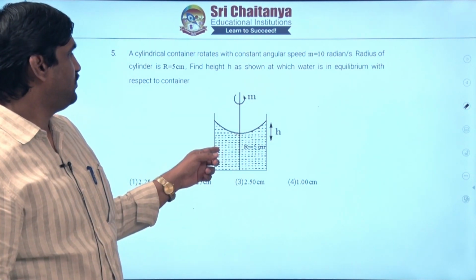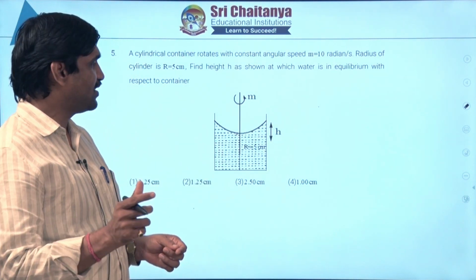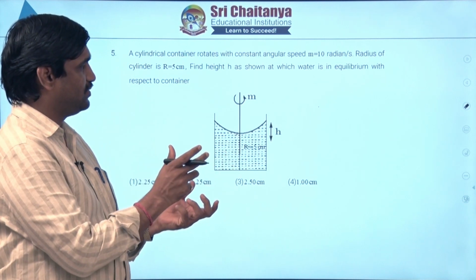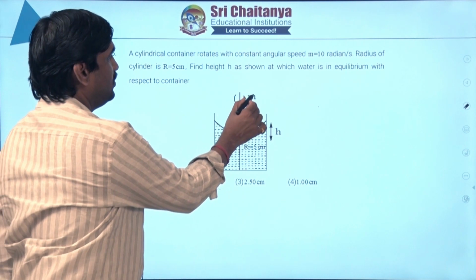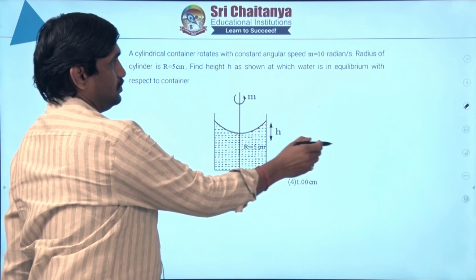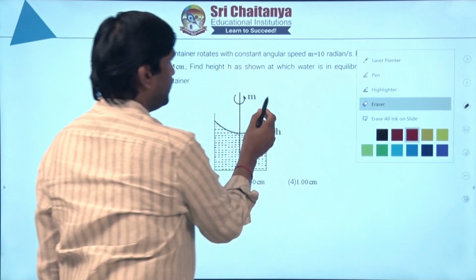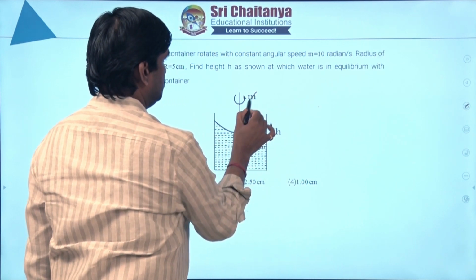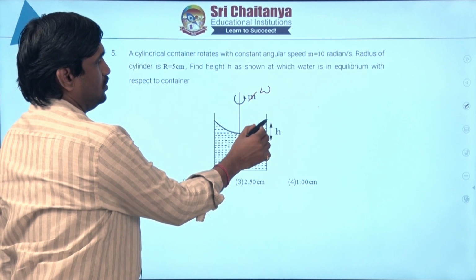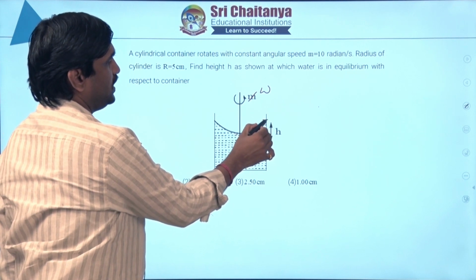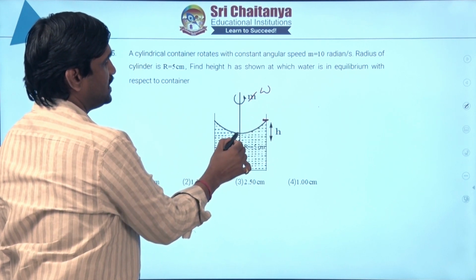In question number 5, a cylindrical container contains certain liquid. Now, about its axis it is rotating with angular velocity omega. They are asking what is the height of the outer edge with respect to this.